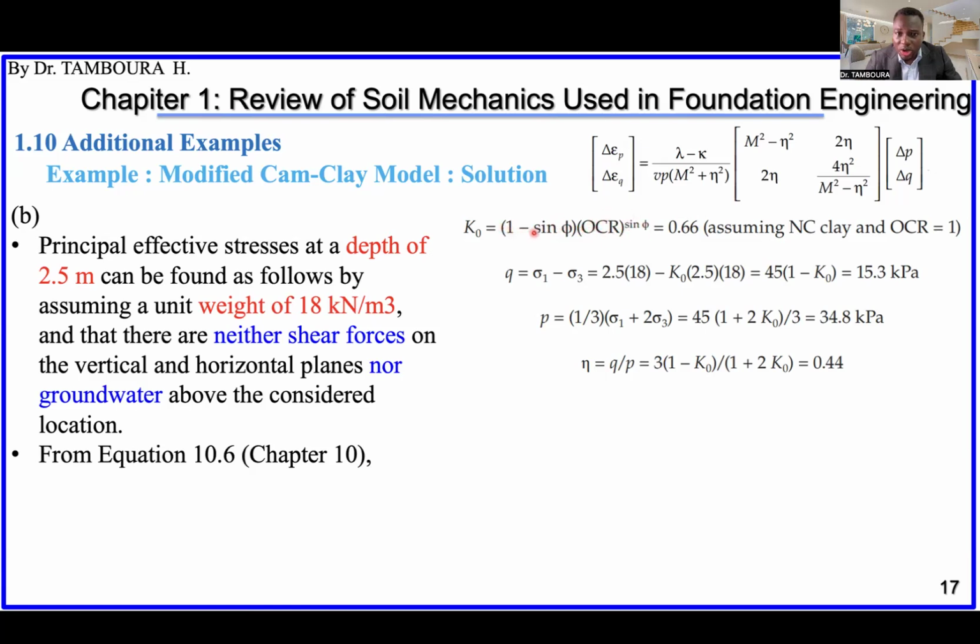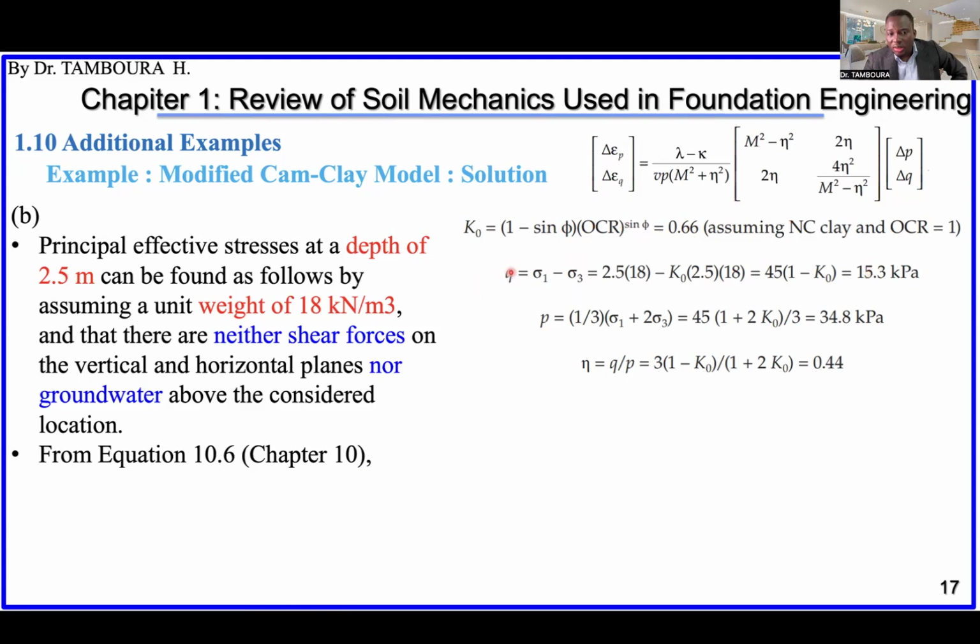So using 1 minus sin of 20, we can obtain this value, 0.66. And remember that K naught is the link between vertical stress and horizontal stress in the underground.